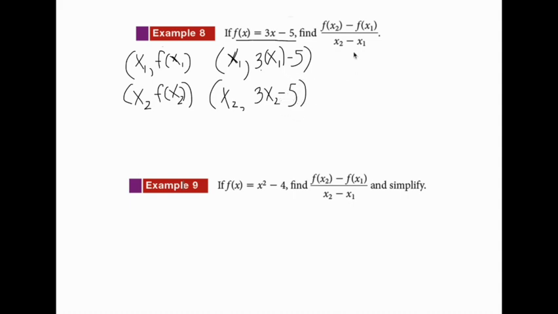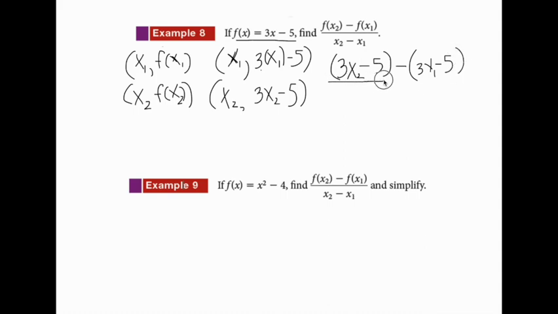Now, when we put that together here, where I take the difference of my dependent and the difference of my independent, we're going to get 3x2 minus 5. That's my f of x2. And we're going to subtract 3x1 minus 5.